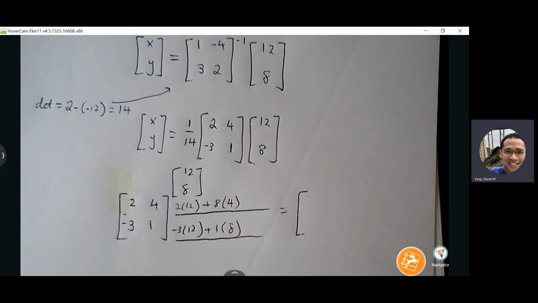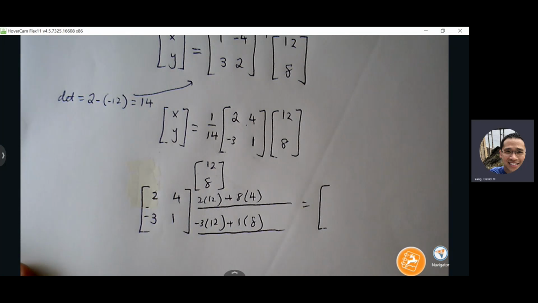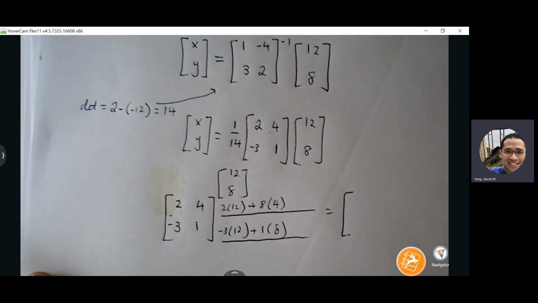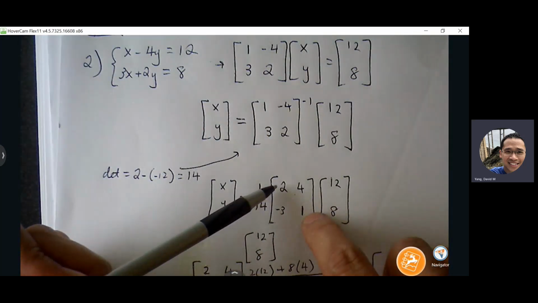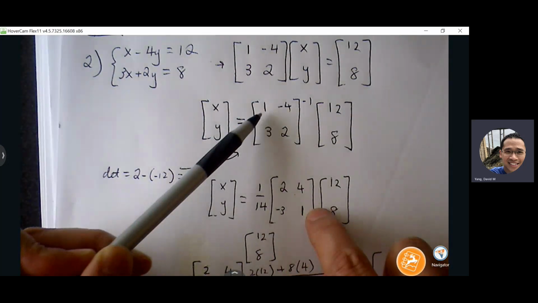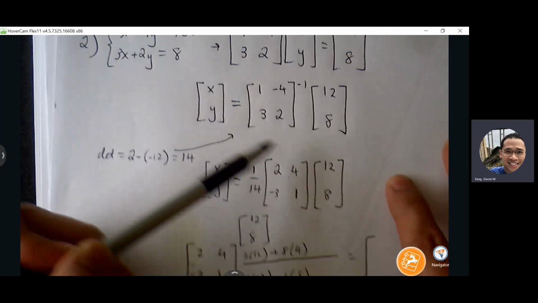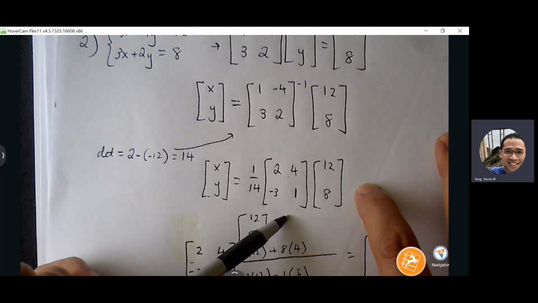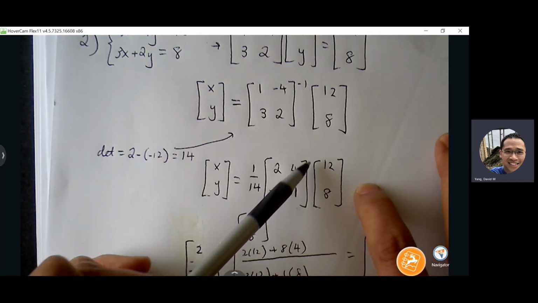So I went over the determinant, I swapped the 1 and 2, and I changed the signs. So I knew that this was what I wanted to work with. This was the notation to indicate that I'm still incomplete with the process, but now I'm ready to work.